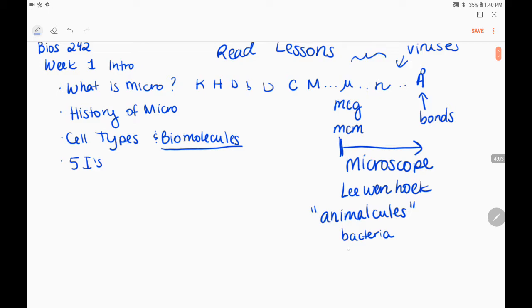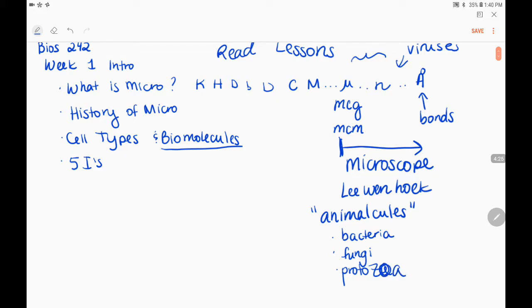He could see some microscopic fungi like yeast. Definitely could see yeast. Yeasts and molds. What else could he see? He could see protozoa.